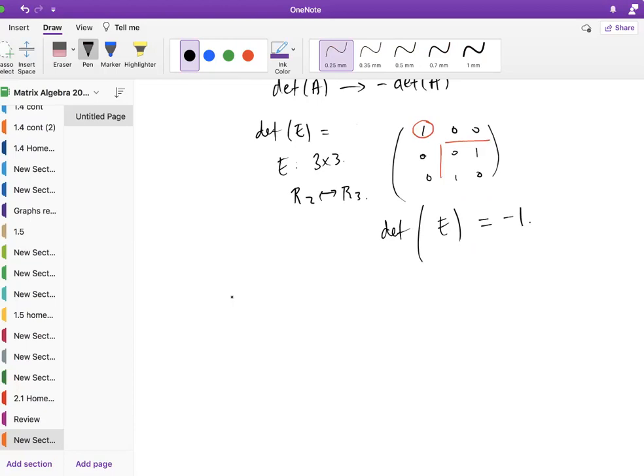So if you row swap any other two, there will always be a 1, and then always times a 0, 1, 1, 0, right?